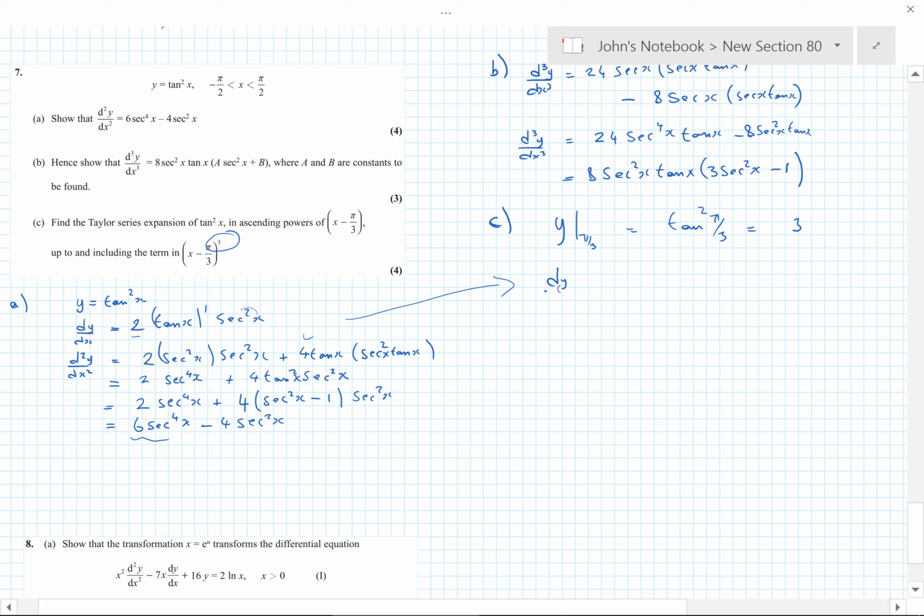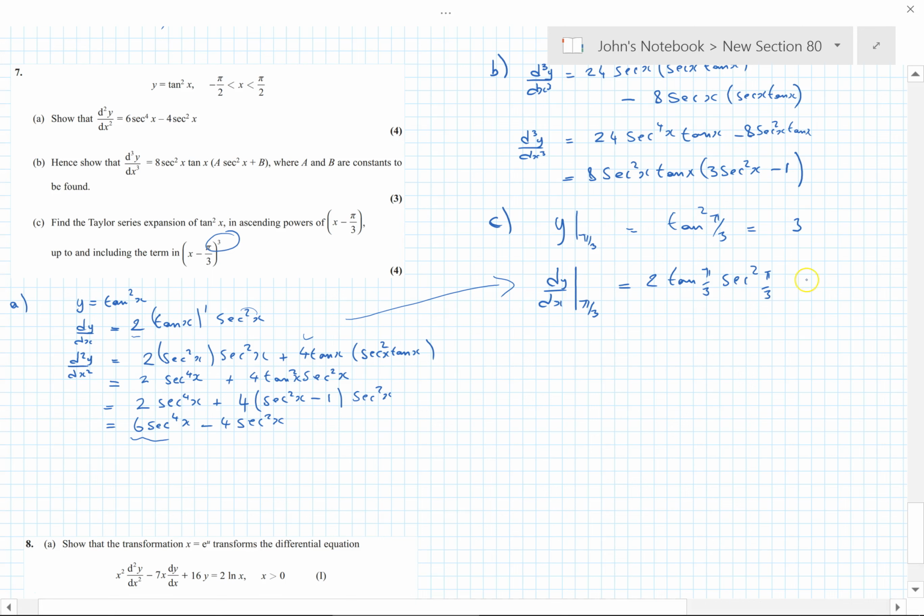Dy by dx at pi by 3 is equal to 2 tan pi by 3 sec squared pi by 3. That's 1 over cos squared.